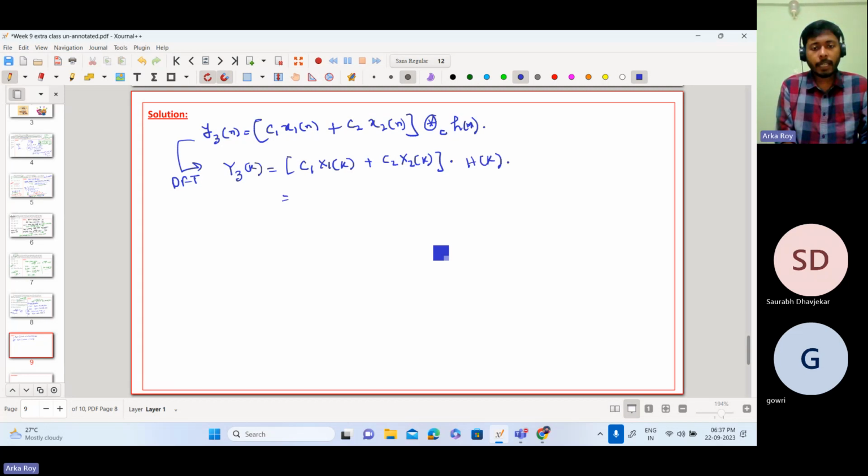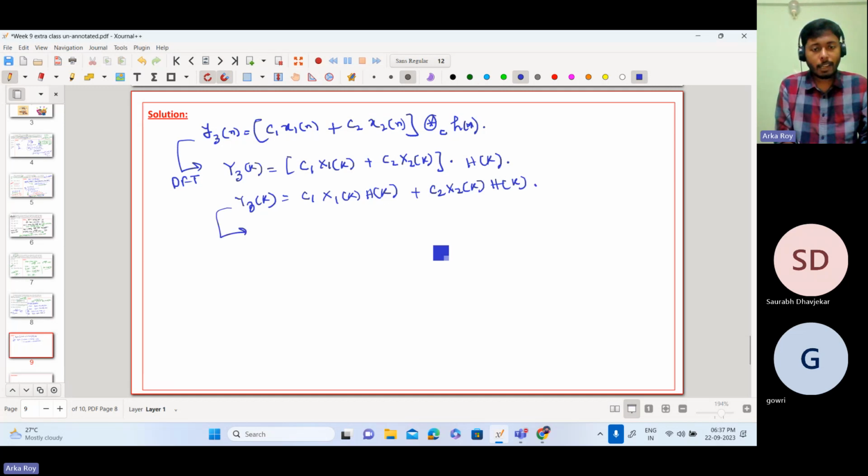So now if I just open the bracket, it will be c1 X1(k) multiplied with H(k), and then c2 X2(k) multiplied with H(k) over here.